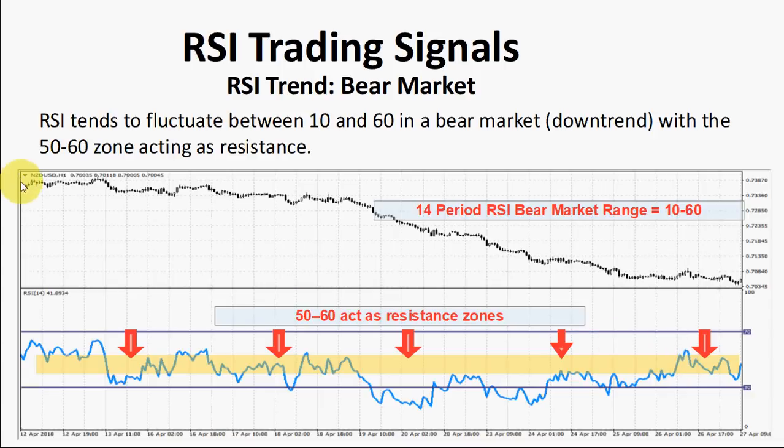So you see it's a long bearish trend, and RSI didn't go near 70. It reaches 60 and then goes downwards from 60 to 10. Now you use the 50 to 60 zone, this colored zone, as your resistance. So anytime RSI rises into that zone, that is an opportunity for you to short the market.